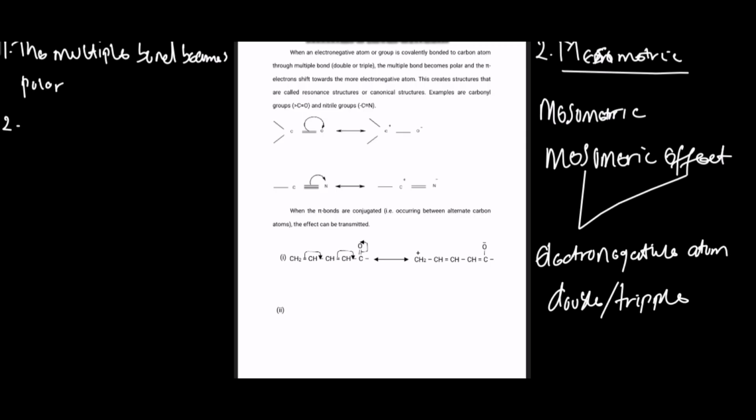You know what forms a double bond? The sigma bond and the pi bond. That's what forms a double bond. Are we together?